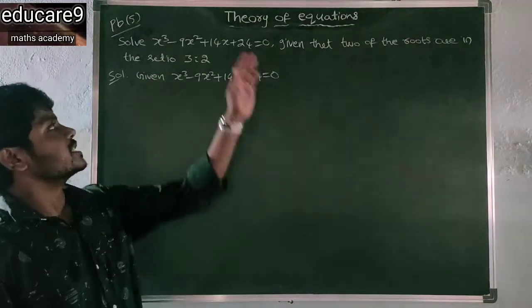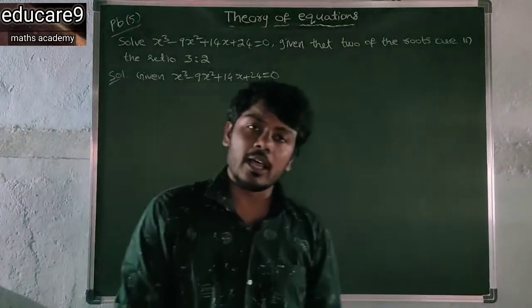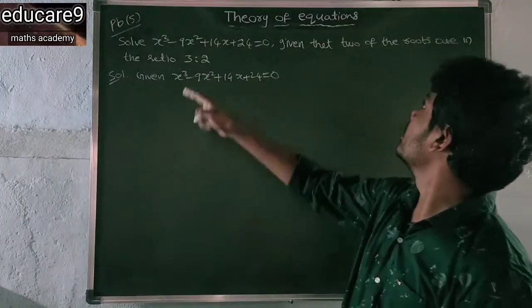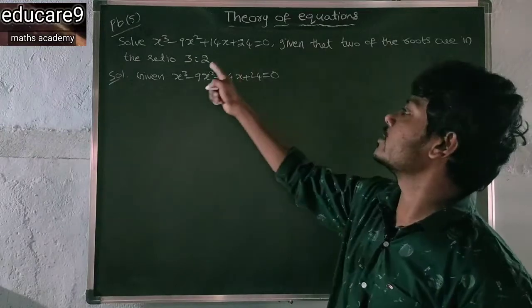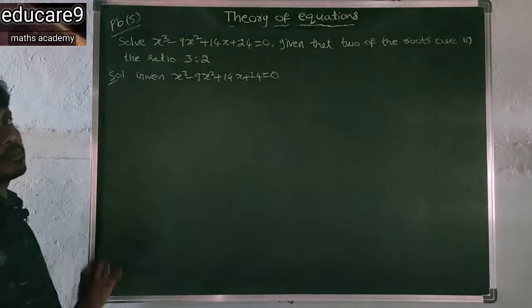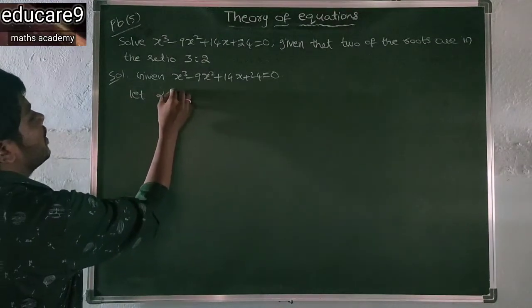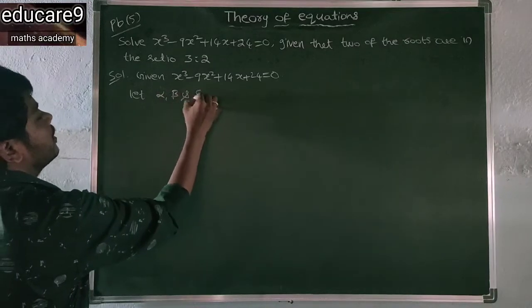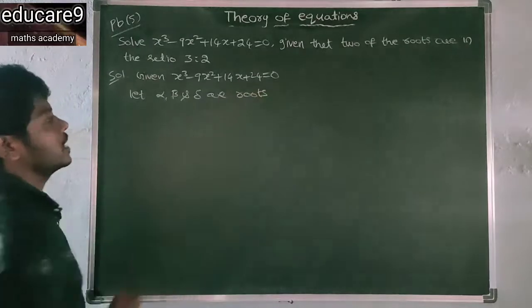So this is the given cubic polynomial, and roots of the polynomial are in the ratio 3:2. You know, so two roots are in the ratio 3:2. See here, this is the cubic polynomial. So let alpha comma beta and gamma are roots. Okay.